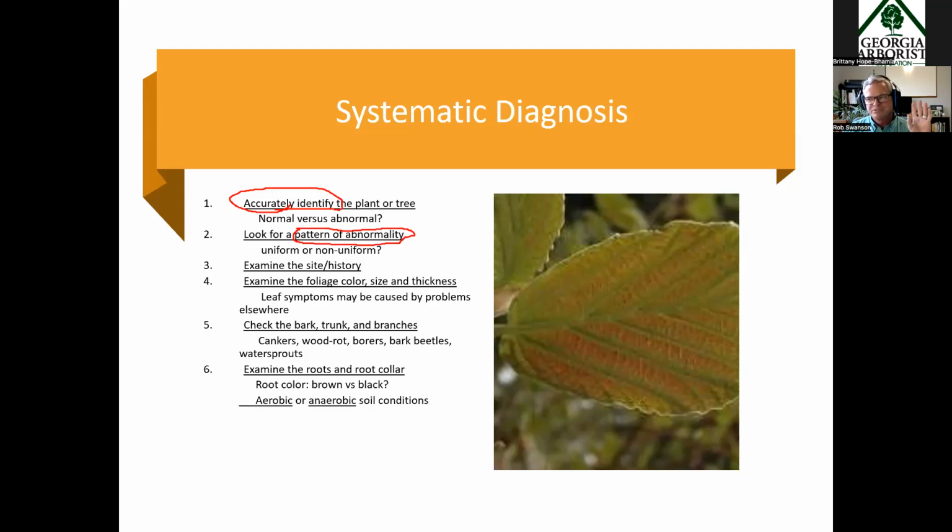Here we have, again, oak wilt in red oaks, which can travel quite quickly, but it typically starts off with one leader turning a different color. So you'll have one yellow leader and the rest of the tree looks fine. You come back in a week and the whole tree looks yellow, and you come back the week after that and the whole tree's dead. So there's a pattern of that abnormality that might lead me to look a little closer into oak wilt.